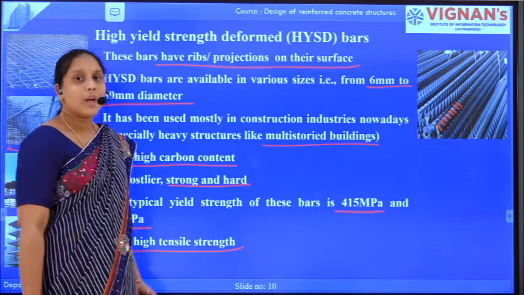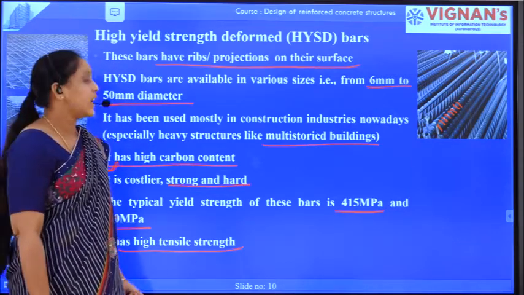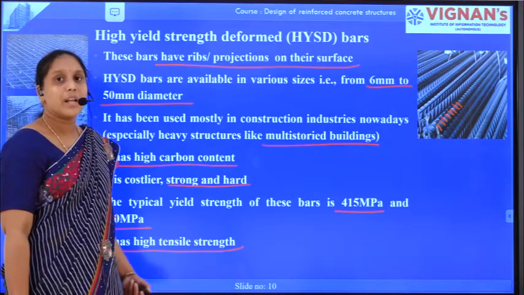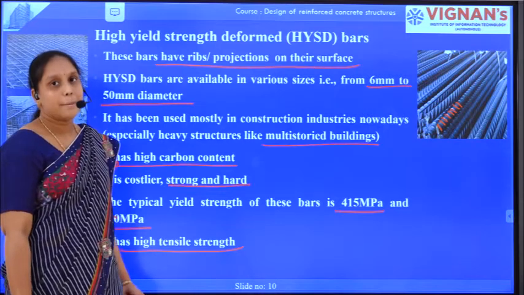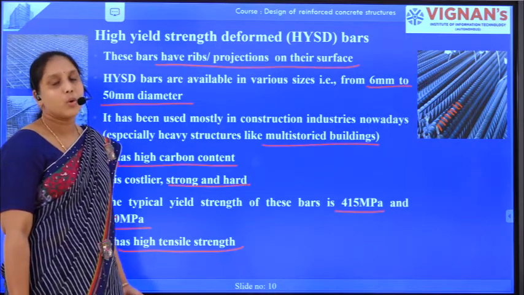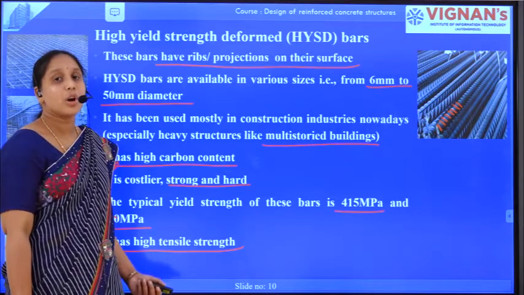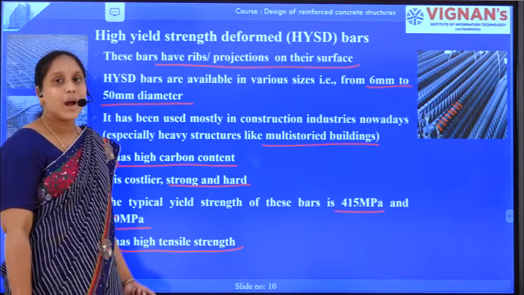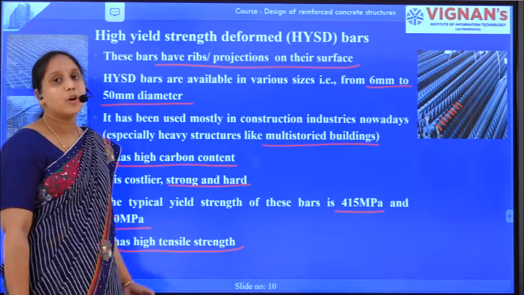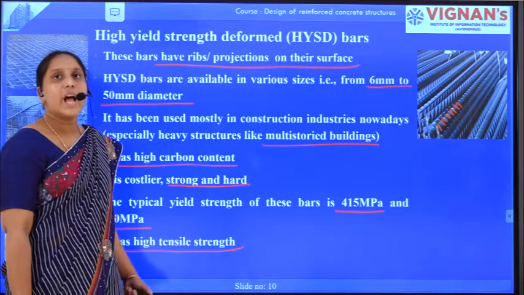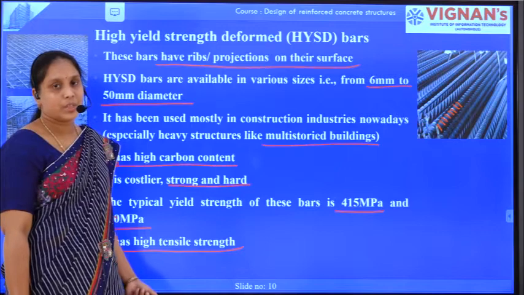So now we have seen the mild steel bars and the HYSD bars. Mild steel bars are round in section and their surface is very plain, so they don't make a very good bond with the concrete. But HYSD bars have projections or ribs on the surface, so they have very good bond property with the concrete, as well as very high tensile strength.